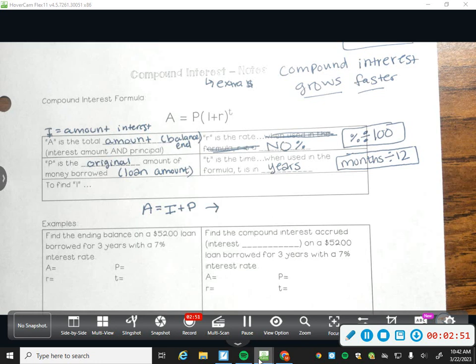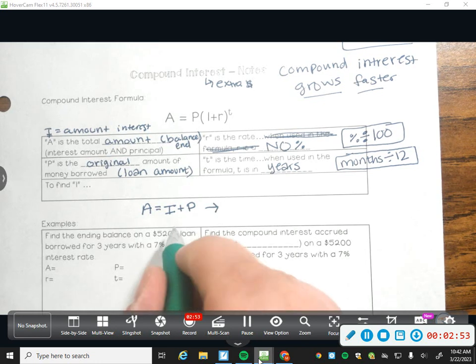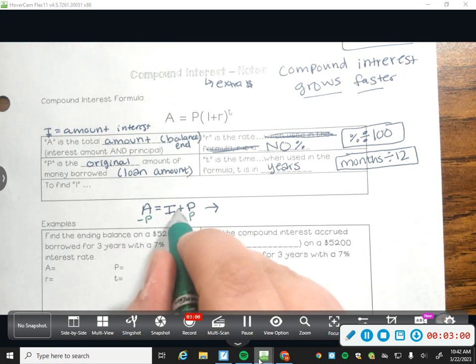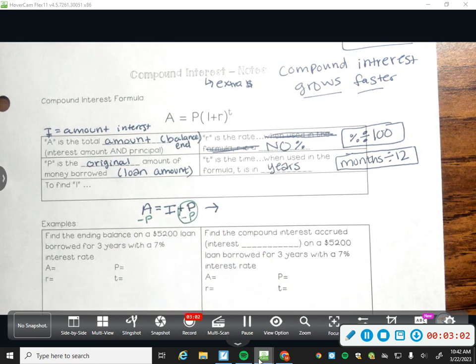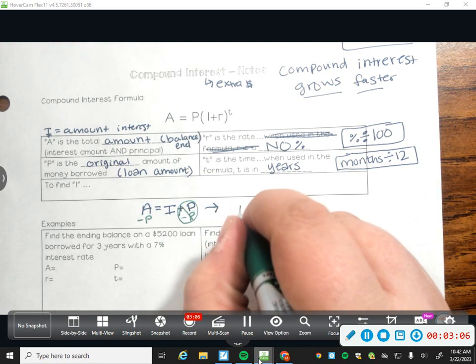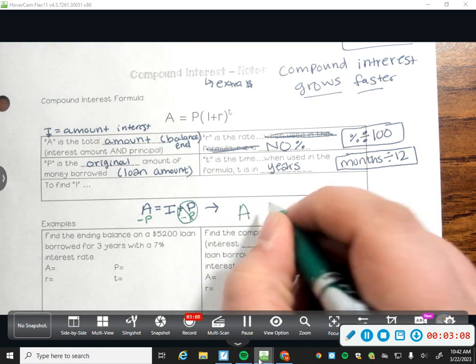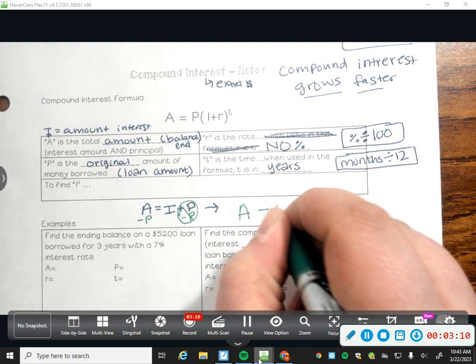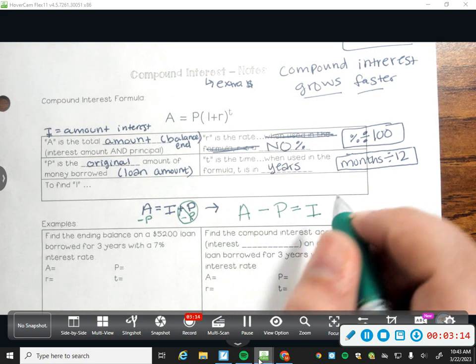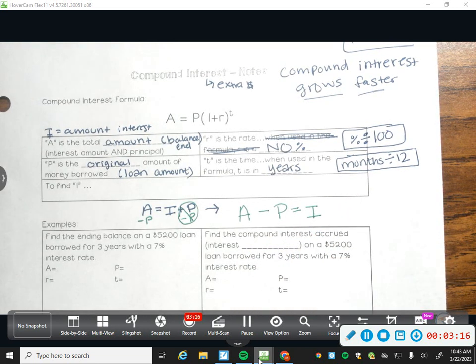So let's think about what would I do if I wanted to find I. If we wanted I all alone, we would have to minus P from it, or minus the principal. Since it's an equation, we do that on both sides. That'll make the plus principal and minus principal zero out. So if you take the ending balance minus the principal, that's going to tell you how much interest you're having to pay or being paid.